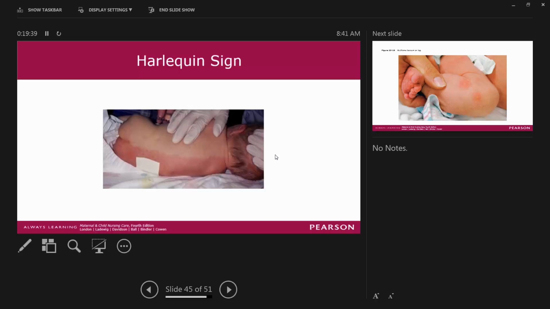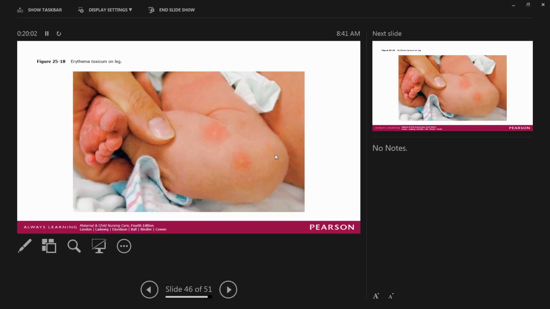When we finally get that baby back, we'll see the baby's really pink or red down to the thorax and the rest of their body is kind of pale. That baby has just shunted all their blood to their central system, and everything down here is unimportant for life. So sometimes we see it that way.